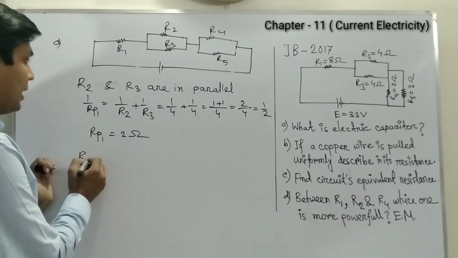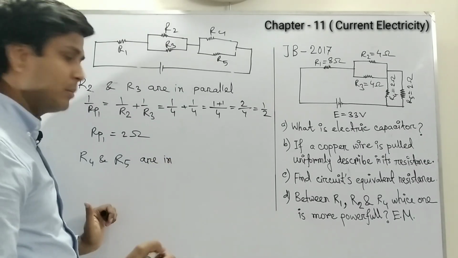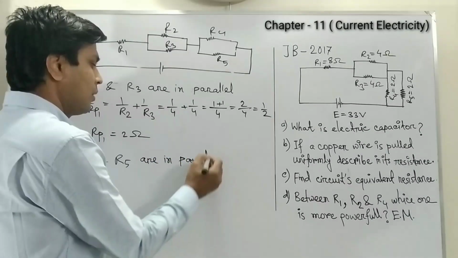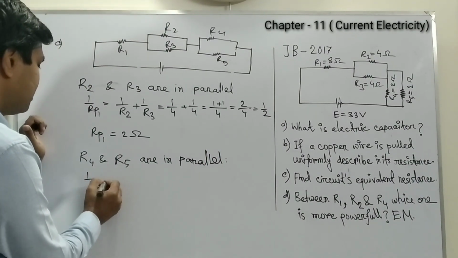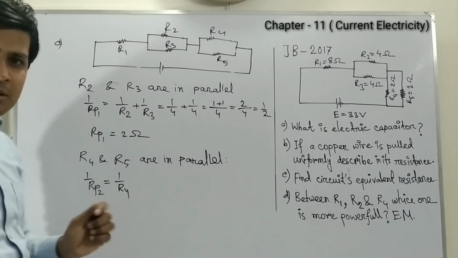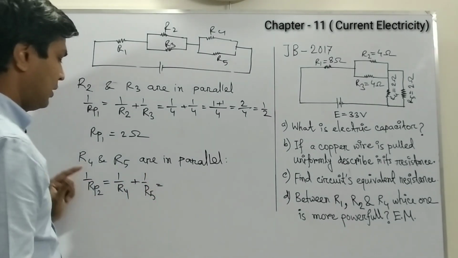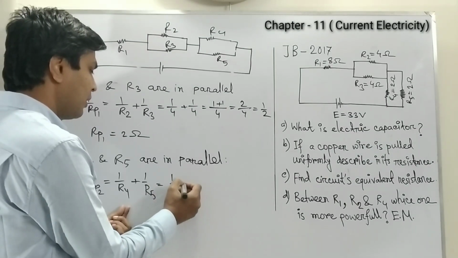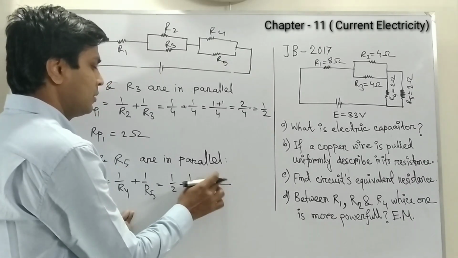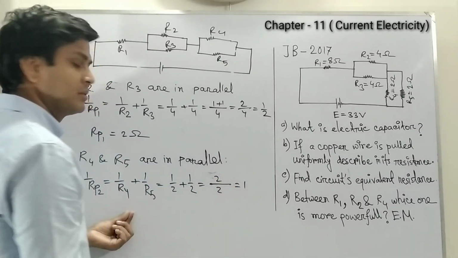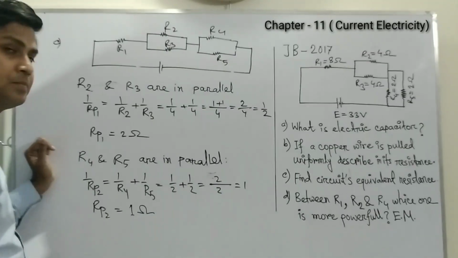So we can write 1 by Rp2 equals 1 by R4 plus 1 by R5, and the value of 1 by R4 is 1 by 2, 1 by R5 is 1 by 2. Answer will be 2 and 2, that means 1. So the value of Rp2 will be 1 ohm.